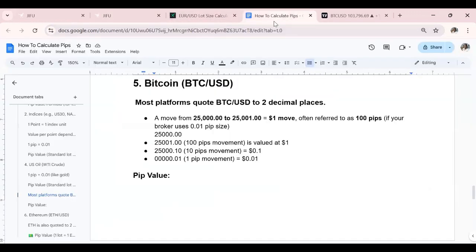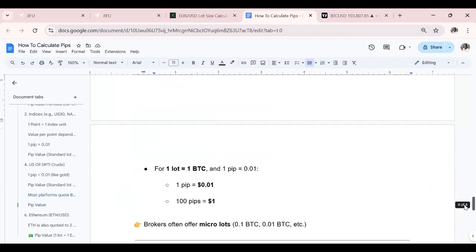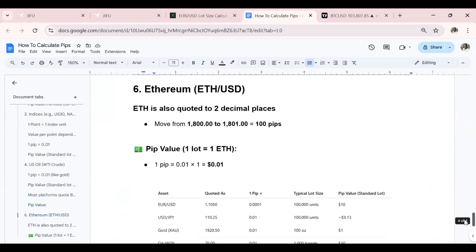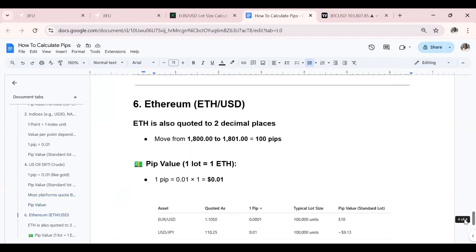You can also use the currency calculator to calculate it, but I want to finish Ethereum and know that we are done with this, so that the next session we can look at maybe the MetaTrader and then go to this.